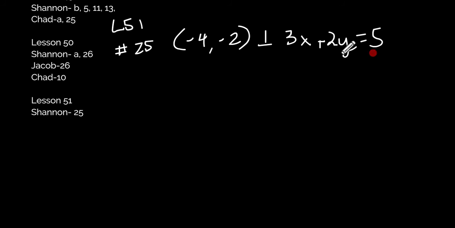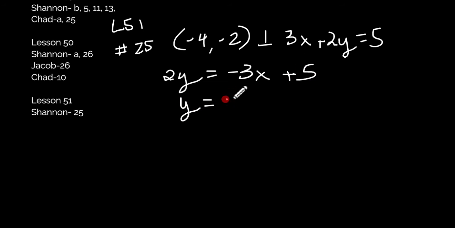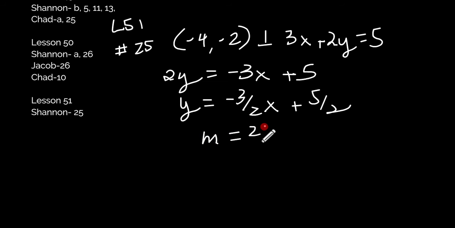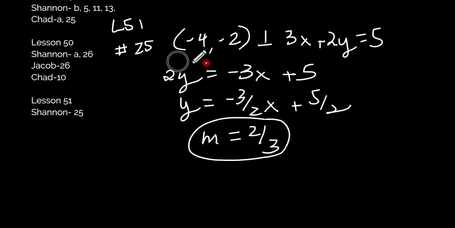So we need to figure out the slope of this line by solving it for y and putting it in slope-intercept form. So we get y equals negative 3/2 x plus 5/2, right? Now if you want the line that's perpendicular to a given line, you have to use the negative reciprocal. So now we're back to the kind of problems we did previously in this lesson.